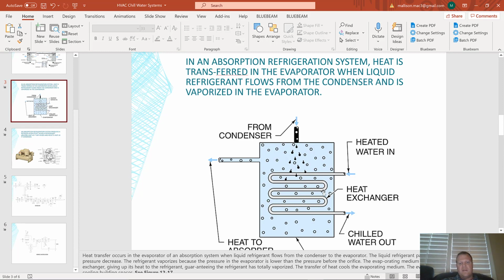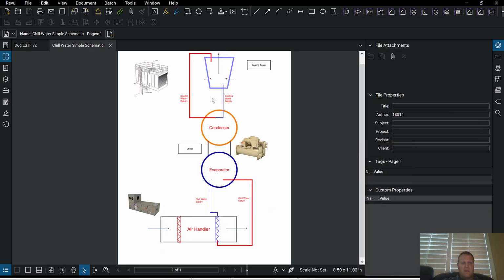Now this is showing the evaporator side, but basically the same idea is that we've got somewhere with liquid or refrigerant, and we've got a coil with a bunch of water in it, and they just drew it as a box here, and that's fine with me for how this is supposed to look.